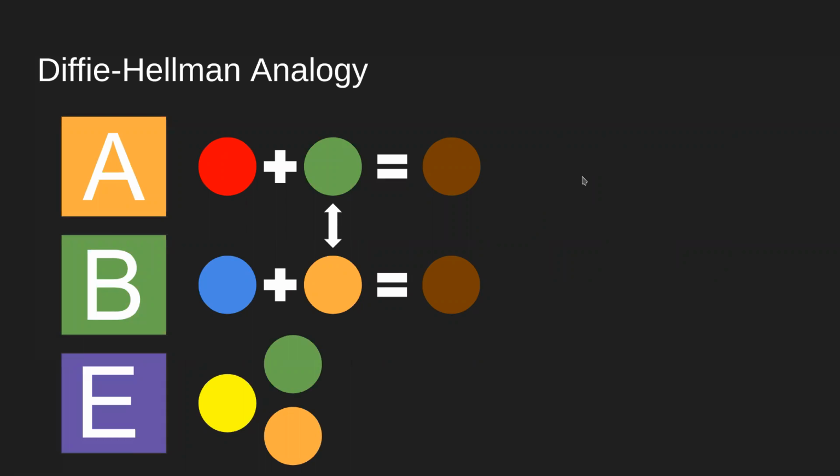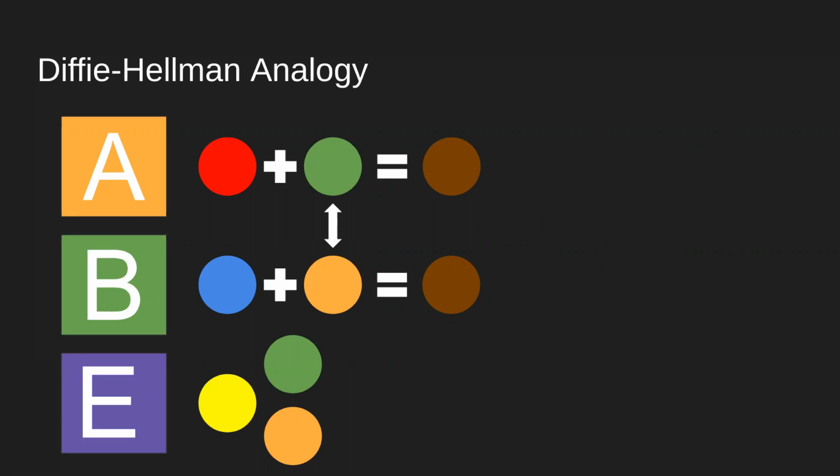So this is just another diagram of sorts showing how the exchange works. The fundamental assumption here is that once you have the mixed color, it's not feasible for Eve to unmix the colors.